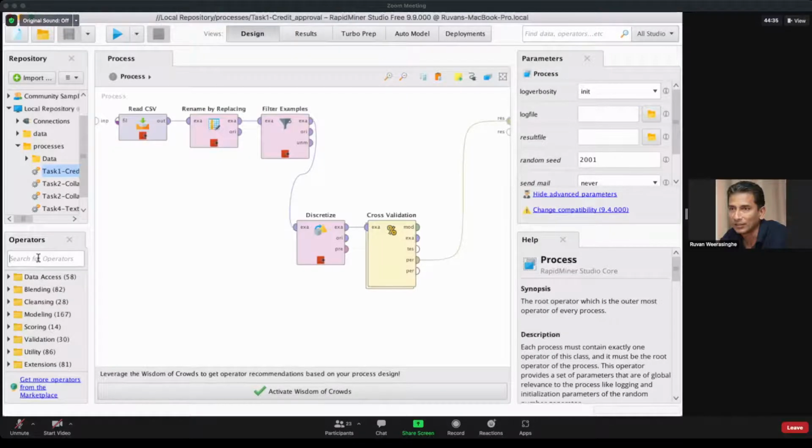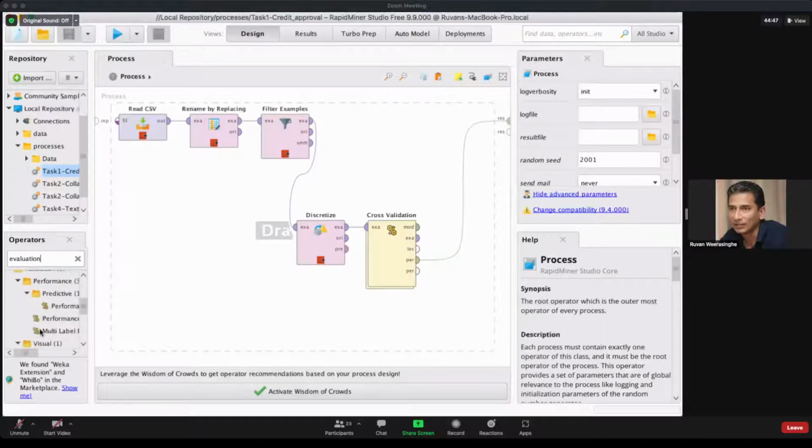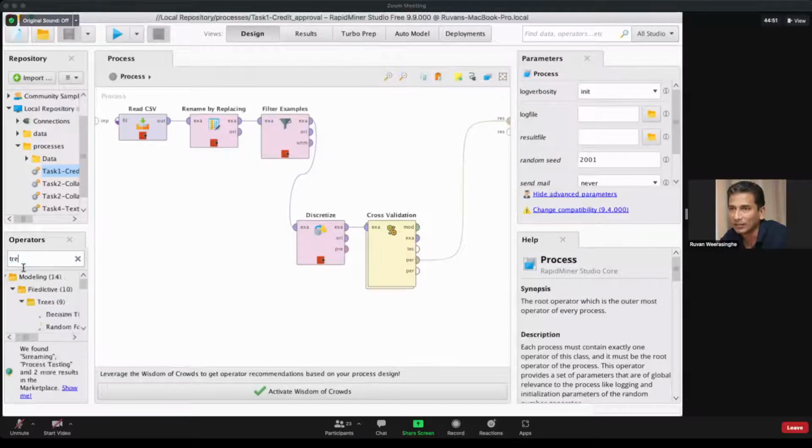You can, let's say, type evaluation, something, and then you get all the things that are there for evaluation. Or you can say a tree or decision, random forest.